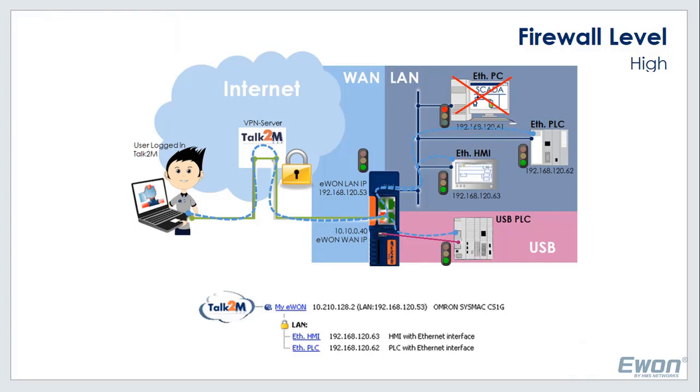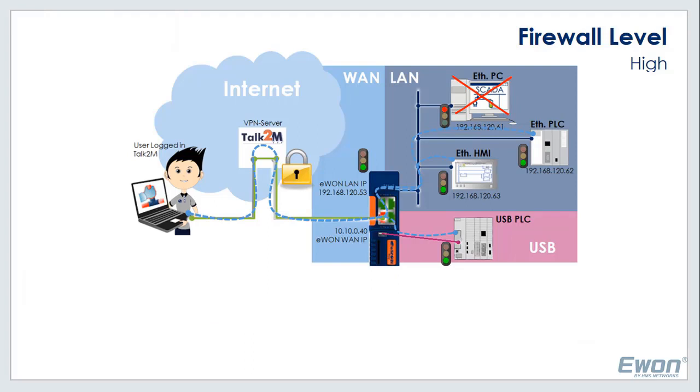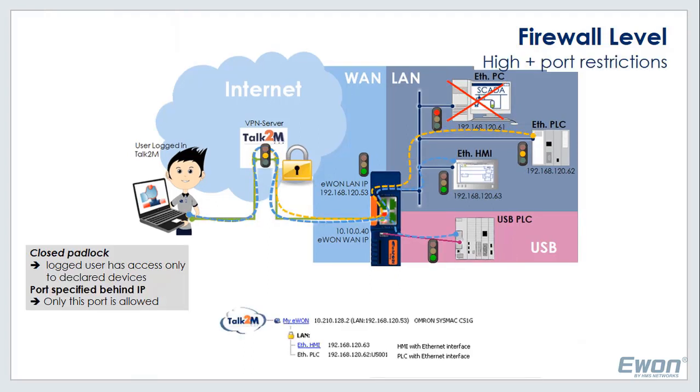When you connect to an EWAN in eCatcher, if its firewall level is high, you will see a closed padlock in the active connections display, and a list of accessible devices will appear. In the high-level firewall setting, you can also restrict what protocols and, if necessary, which ports are accessible through an eCatcher connection.